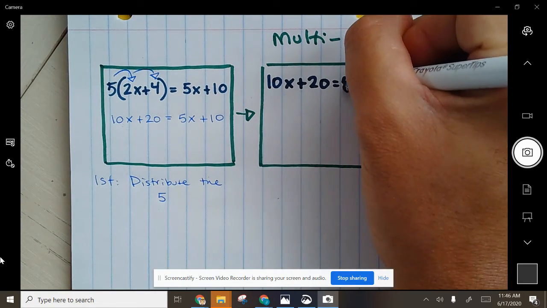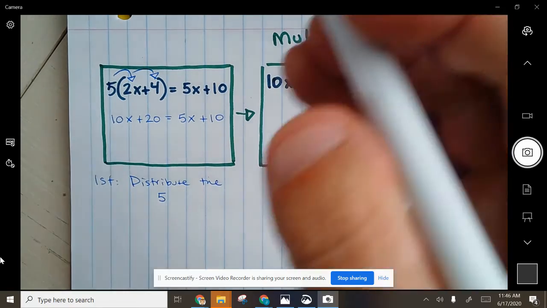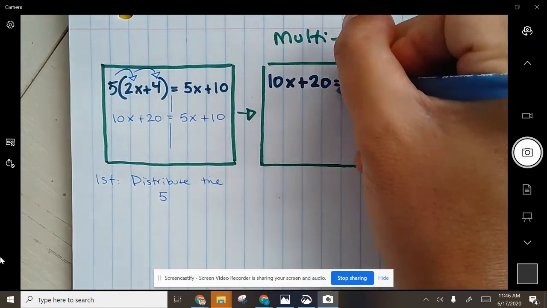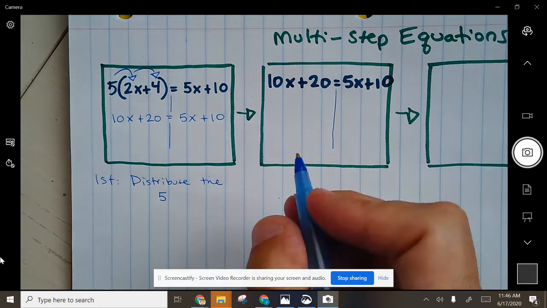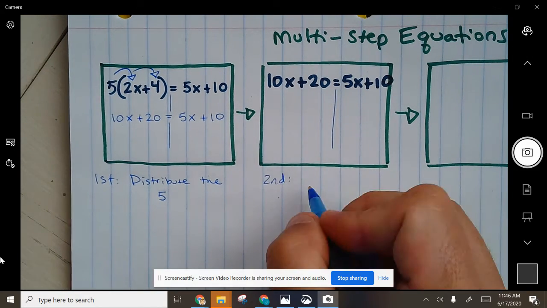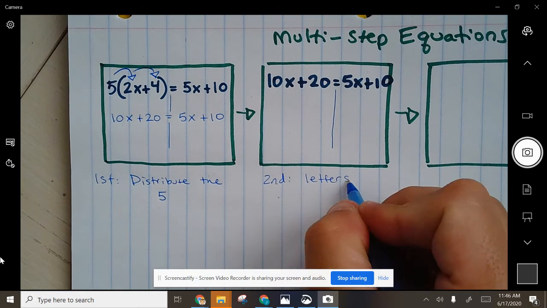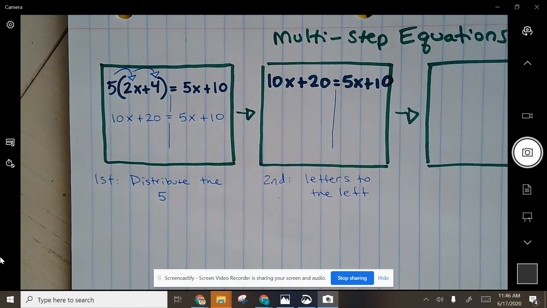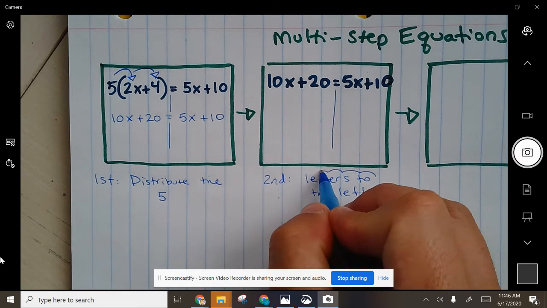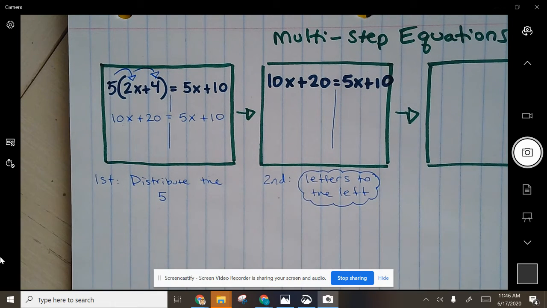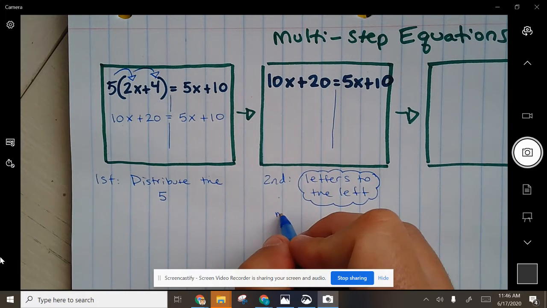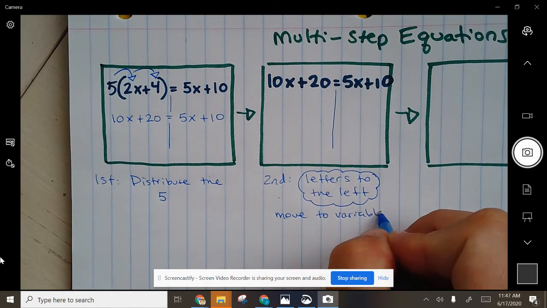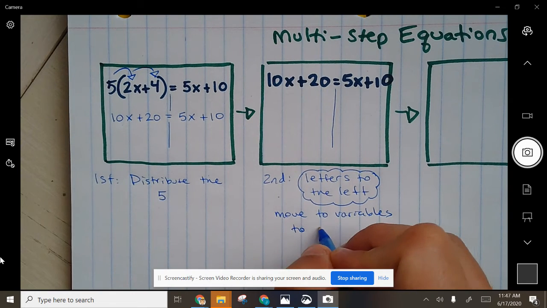Second step, we learned this one yesterday. Let's make sure I always put my bar here. Second step would be called, I say letters to the left, but what you could say is move variables to one side.